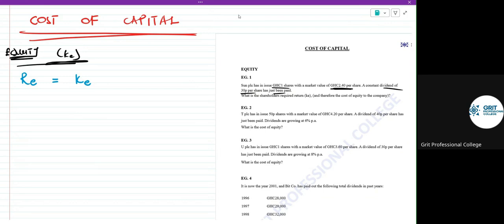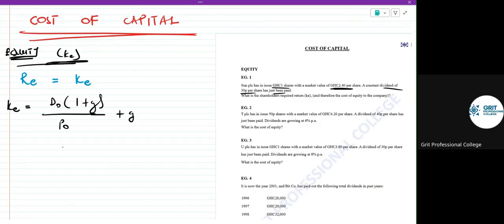And so KE or RE will therefore be equal to D naught (1 plus G) over P naught, plus G.